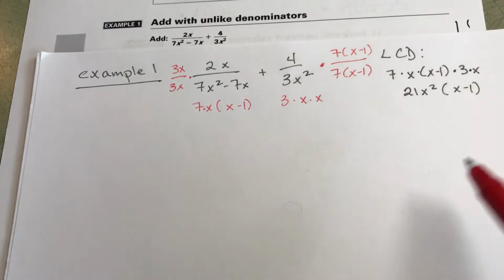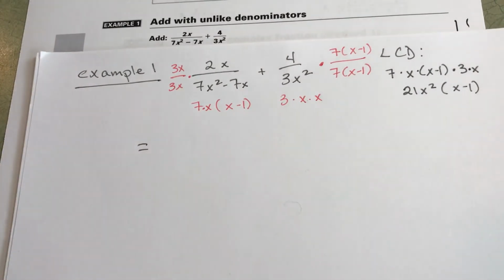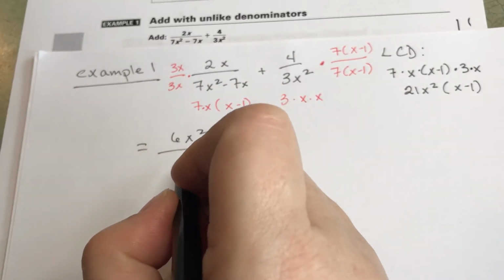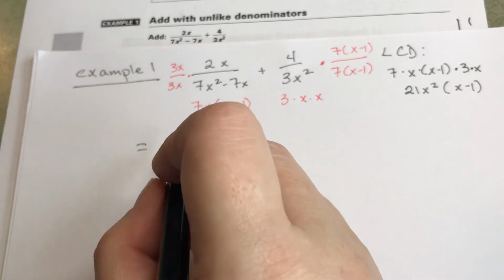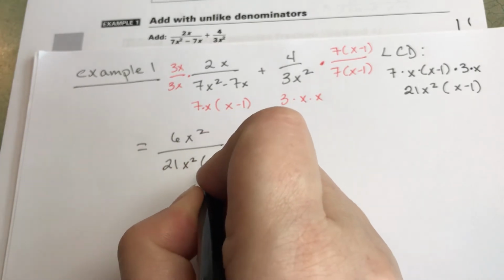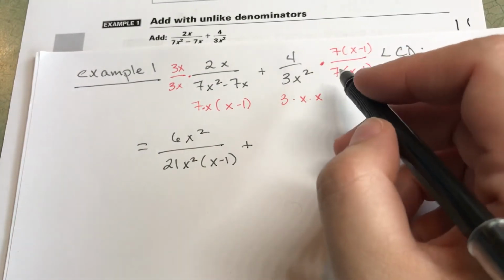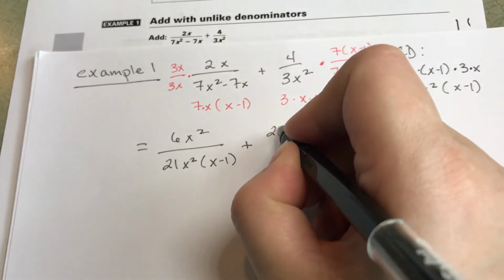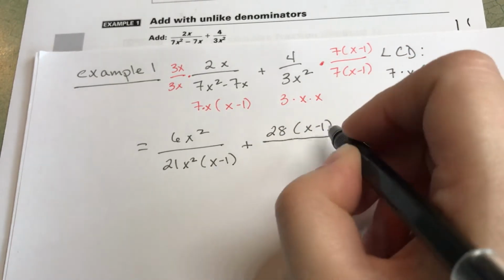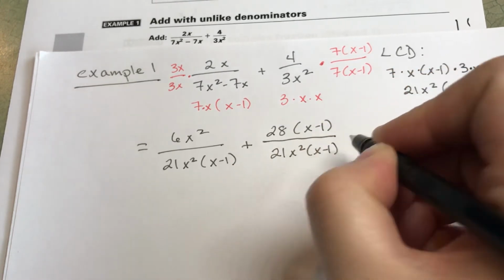Okay, so now I'm going to multiply, and this equals 6x squared divided by, and I'm going to use the factored form, so 21x squared times x minus 1 plus 4 times 7 is 28, x minus 1 divided by 21x squared times x minus 1.